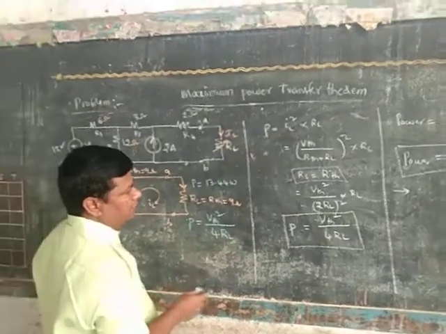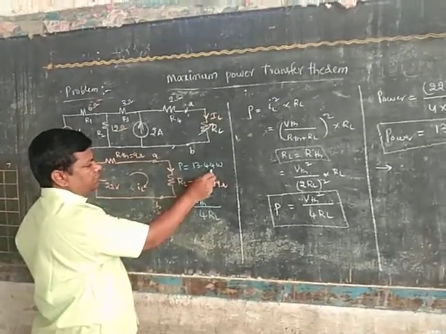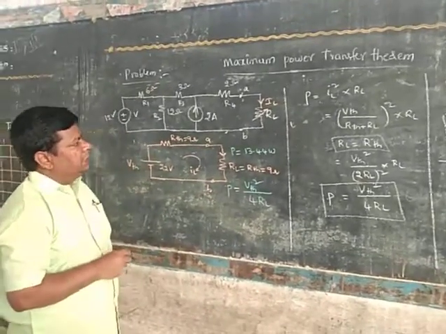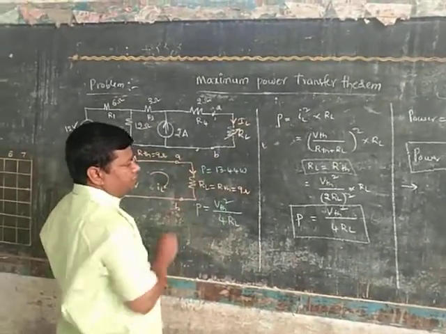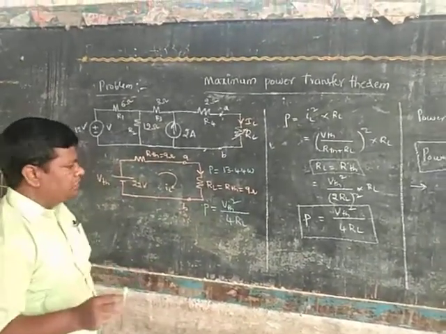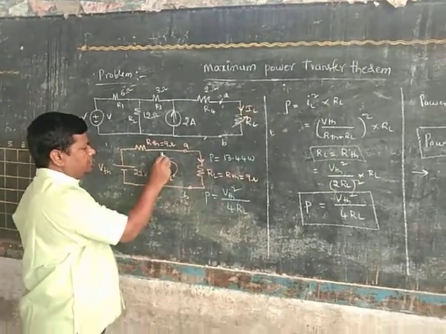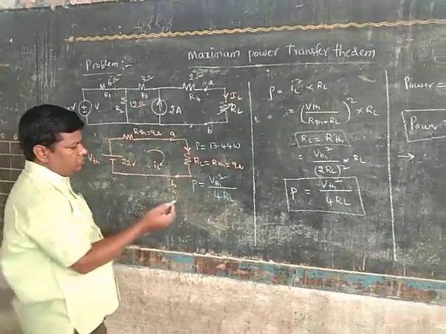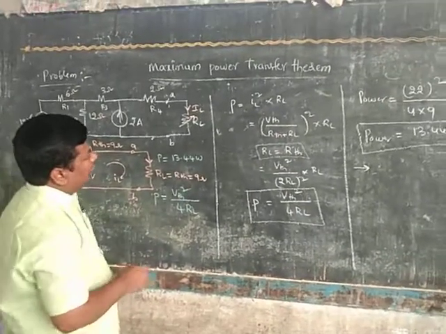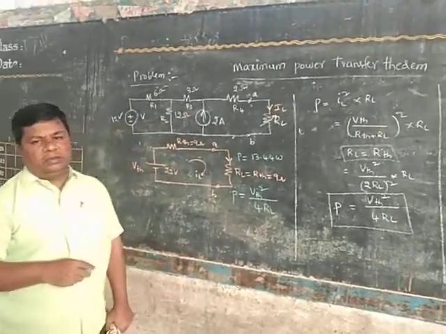Then substitute, and you will get power equal to 13.44 watts. Okay, here the given problem is to find the load value for which the maximum amount of power is delivered to the load. For that, the load value is equal to Thevenin resistance, that is equal to 9 ohms. How much power is delivered to the load? 13.44 watts. Okay, thank you.